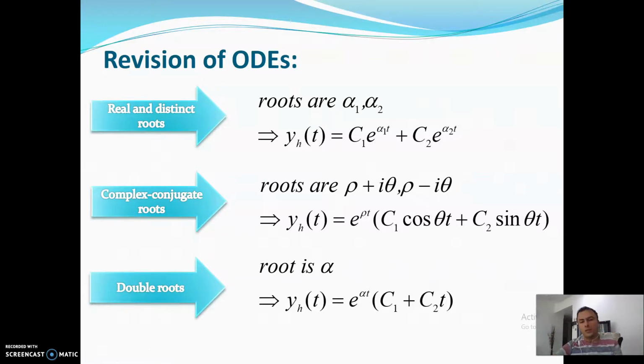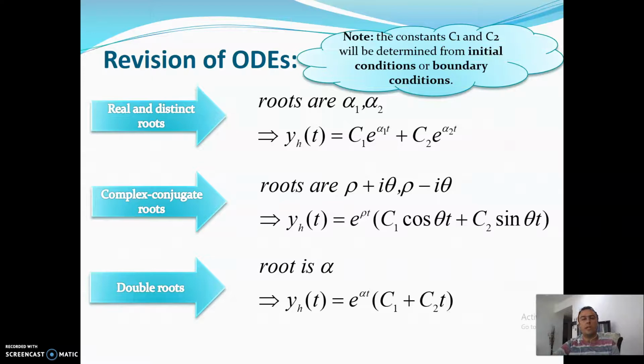So the homogeneous response will be e to the alpha t times (c1 plus c2 t). To find c1 and c2, which we call constant coefficients, we need some initial conditions. Here we have two constants because the equation was of order 2, so we need at least two initial conditions or boundary conditions to find these two constants.